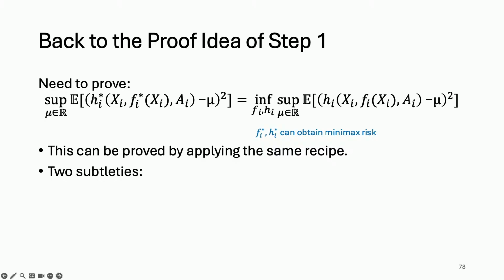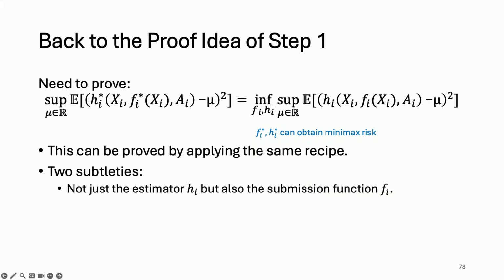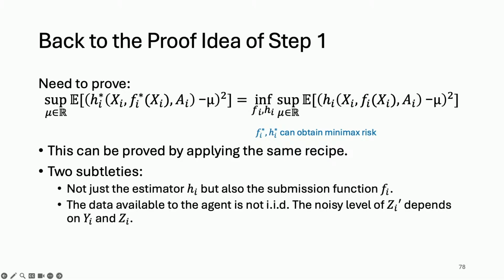But by applying this method, there are two subtleties. That is, it's not just about estimator H I, but also about the submission function F I, which makes the problem much more complicated.